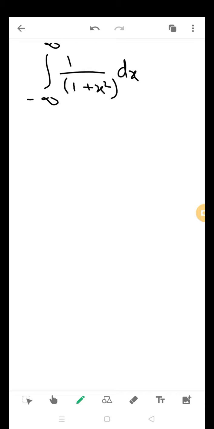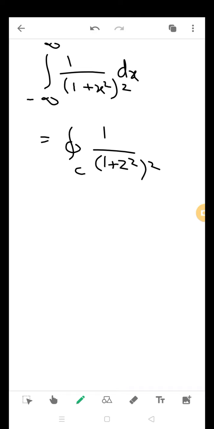So what we will do, we will transform this integral into a complex integral. We will write that this is actually equal to 1 by (1 plus z square) whole square.